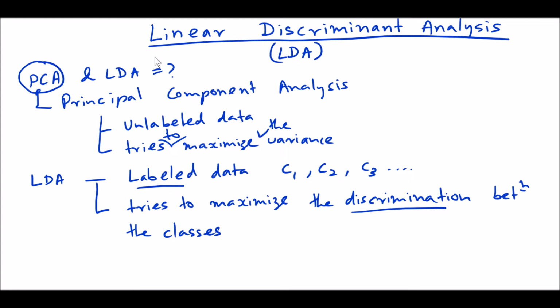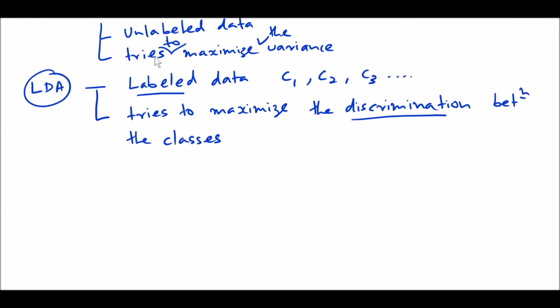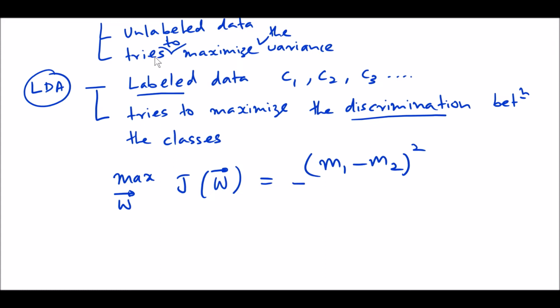If I write an equation for this, you find a direction in which the mean separation between the two means is maximized, as well as minimizing the scatter. This is sometimes called scatter or the variance.